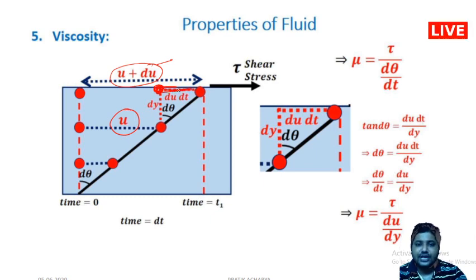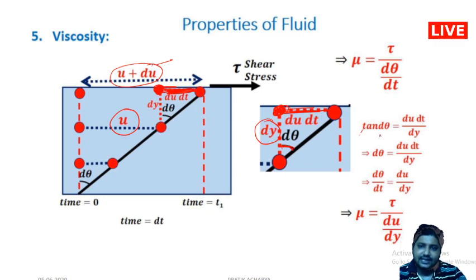It is equal to du into dt. The increase in velocity is du, and the time taken from this point to this point is dt, so the distance traveled is du into dt. Okay, and this is the angular deformation d theta, and the gap between the fluid particles, suppose, is dy.